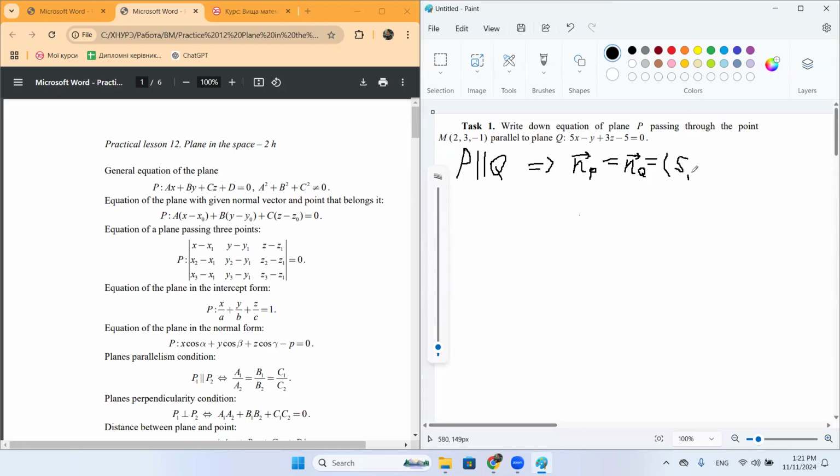Yeah, 5, minus 1, 3. So we have a normal vector, we have the point M, and we write down the equation of the plane P.